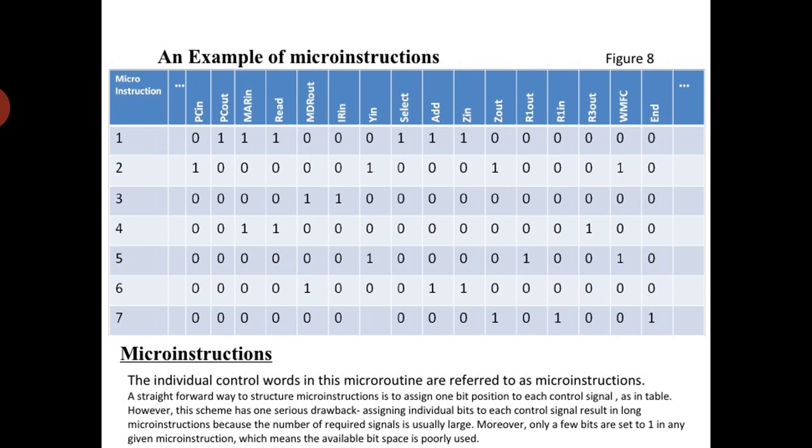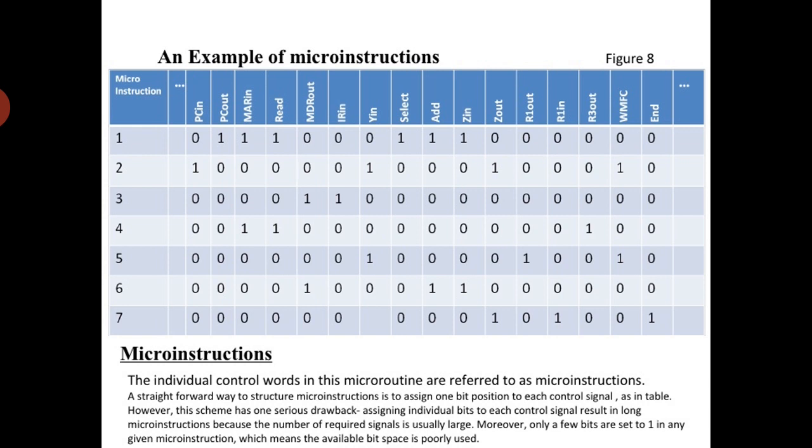A sequence of code words corresponding to the control sequence of a machine instruction constitutes the microroutine for that instruction, and the individual control words in this microroutine are referred to as microinstructions.